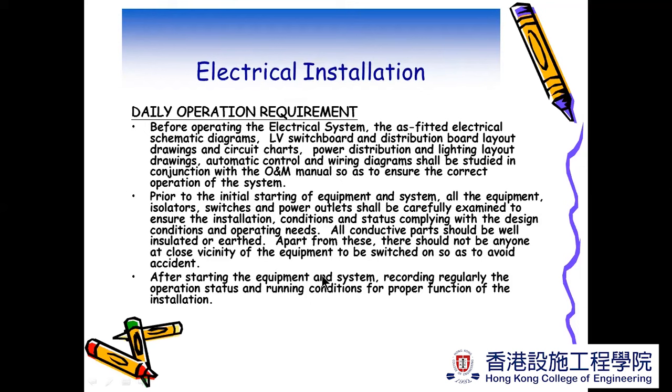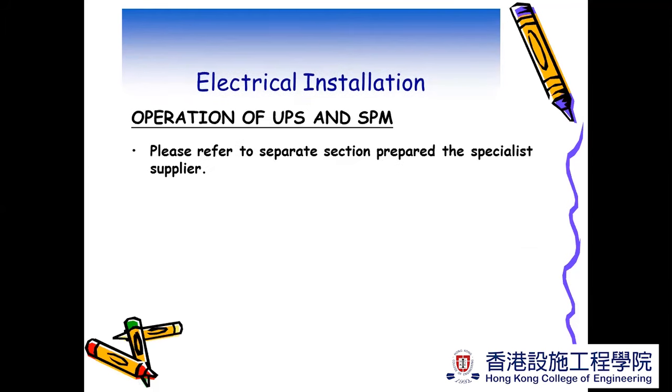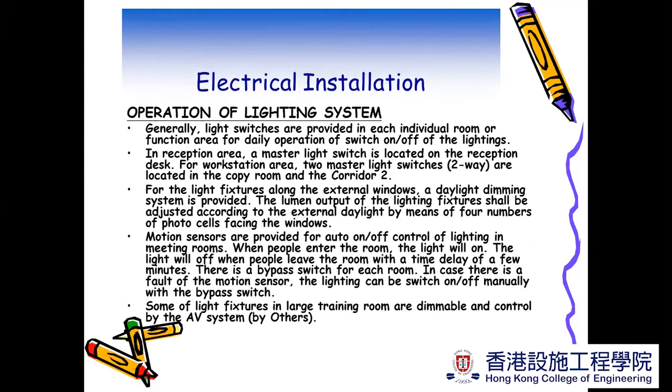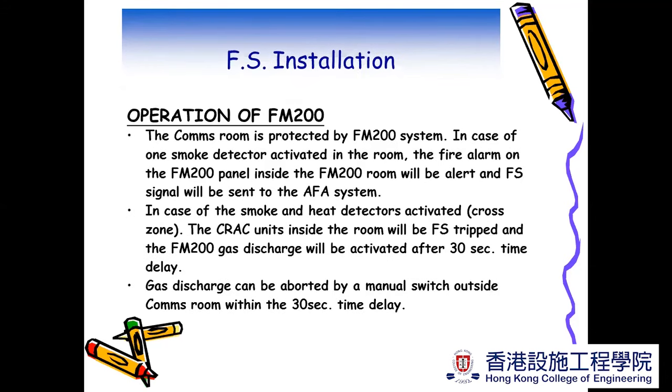And then every day we should take some readings, right, regarding the voltage, current, the power consumption, just to keep a log. The lighting system usually on and off, as well as some motion sensor or solar control, as we discussed before, so we don't want to talk about this one. FM200 we talked about.